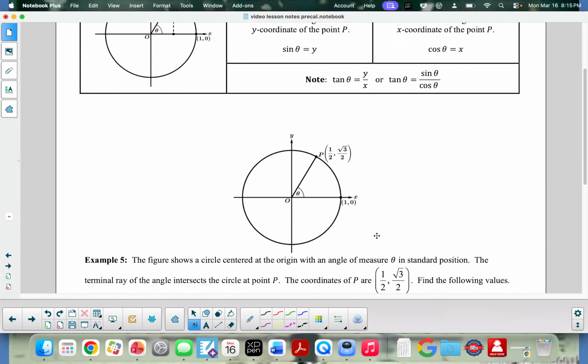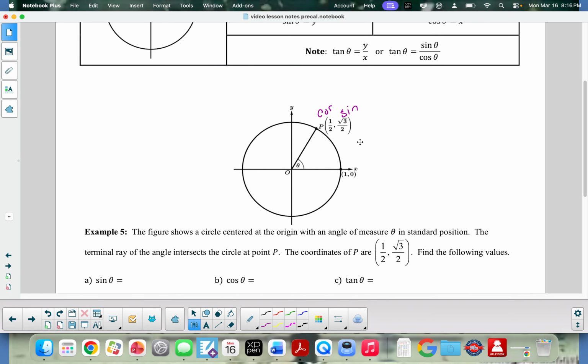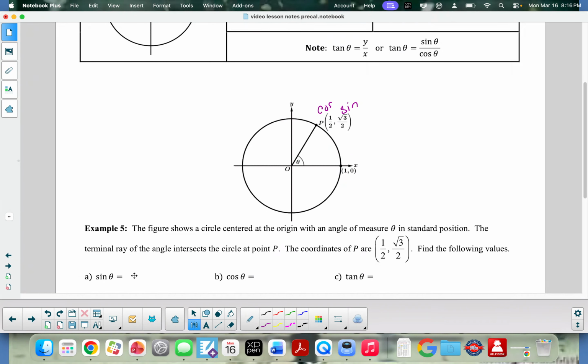Okay, so we have this point, right? And again, I'm not worried about what the radian measure of this point is. I know it's pi over 3, but for right now, it's just 1/2, which is your x or your cosine value, and square root of 3 over 2, which is your sine value. Okay, so those are your coordinates. So the sine at that angle is just square root of 3 over 2.